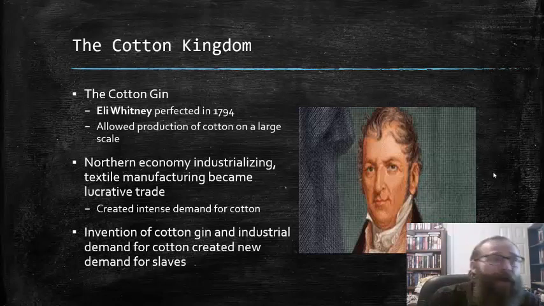Whereas the founding fathers and the thinkers of the late 18th century envisioned that slavery was on its deathbed at the turn of the 19th century, the invention of the cotton gin and the expansion of cotton production in the South reversed that trend and made slavery even more deeply entrenched into the Southern economy and society and made it even more difficult to disentangle the United States as a whole from the institution of slavery.